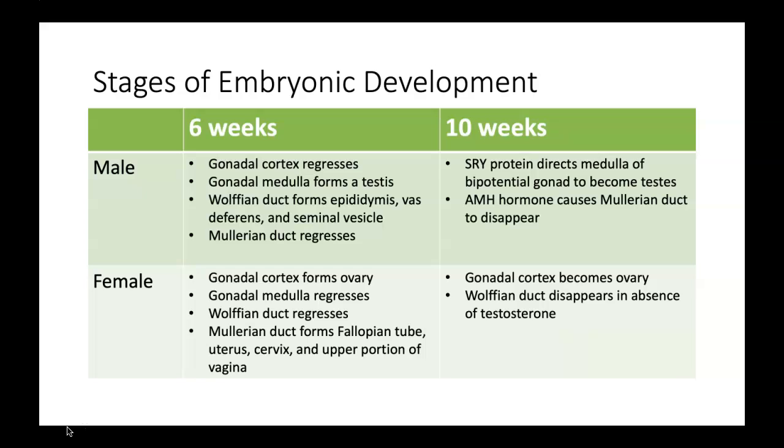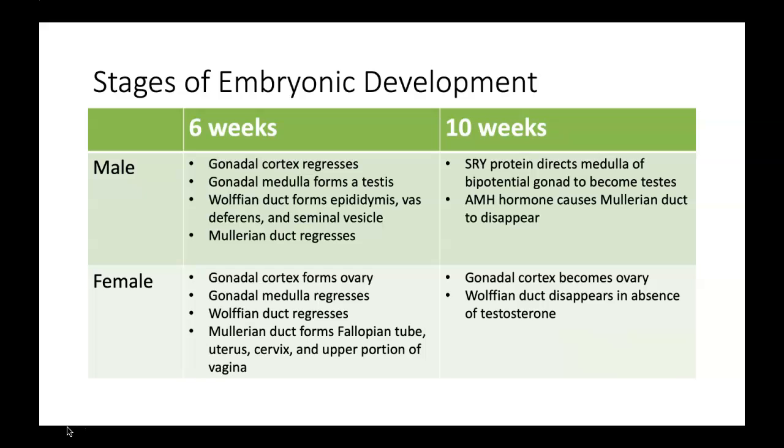But in a female at 6 weeks, the gonadal cortex becomes an ovary instead of regressing. The gonadal medulla will regress. Wolffian duct regresses because the testosterone is absent. And then the Mullerian duct becomes the fallopian tube, uterus, cervix, and upper portion of the vagina because AMH is absent.